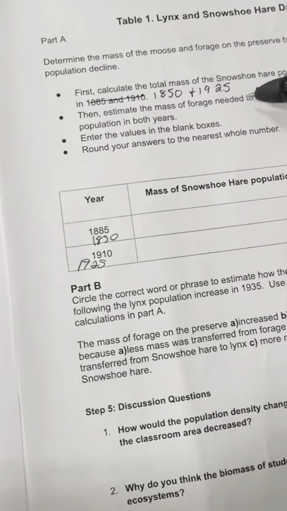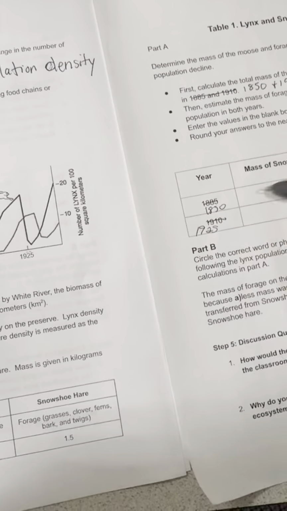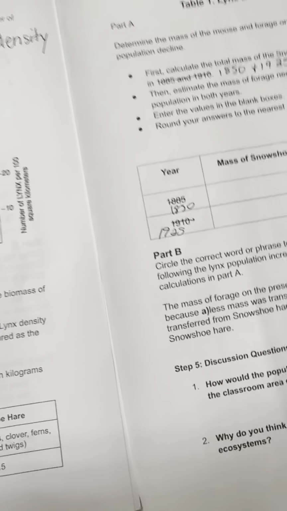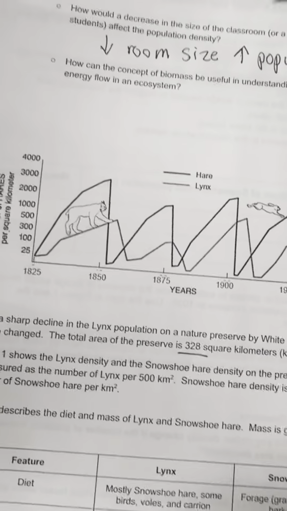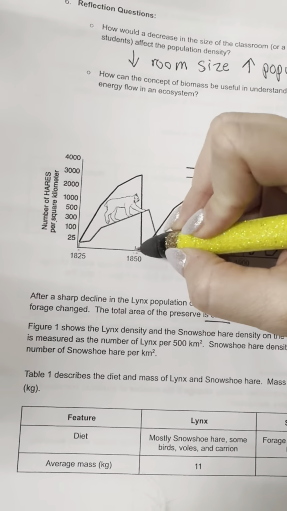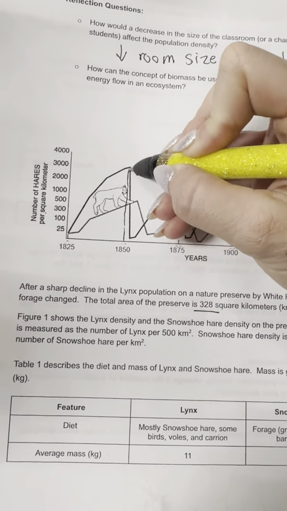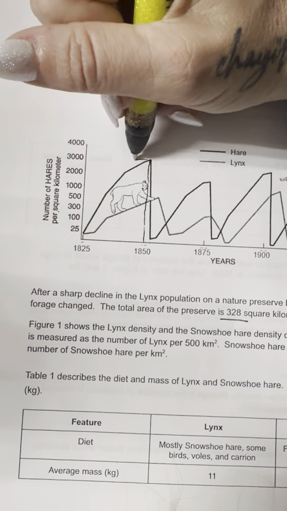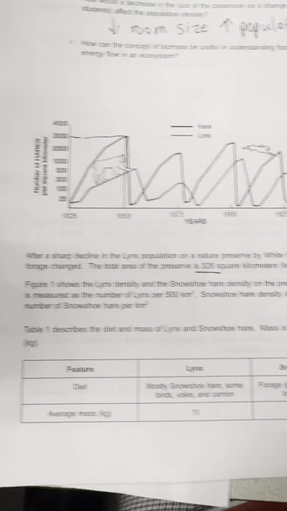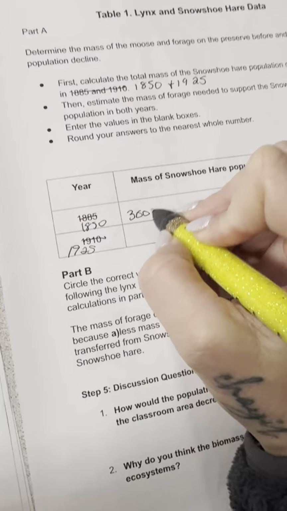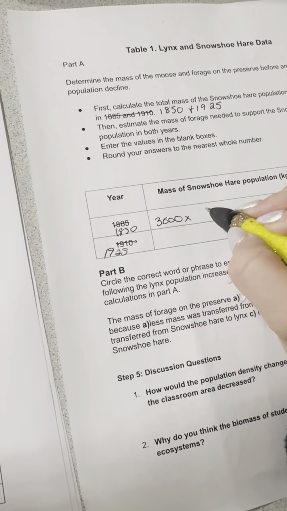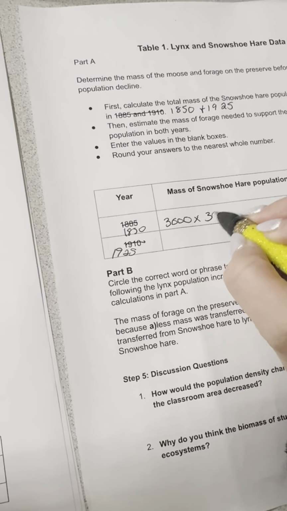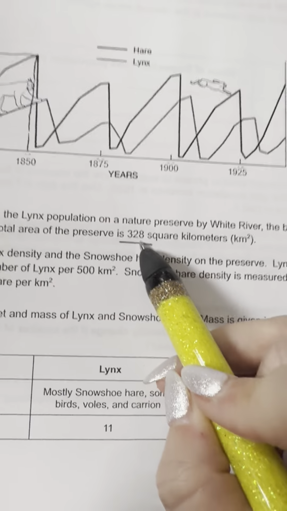So we're going to look at 1850 and 1925 for specific dates to find the mass of the snowshoe hare. So I have to go over to the chart. I have to find 1850. I have to trace it up. And then I have to trace it over to the left because that's where my hare data is. It's approximately 3,000. But I need to times it by the area, which is 328.